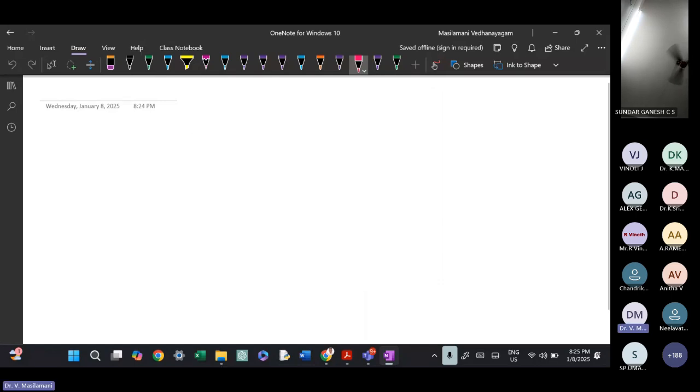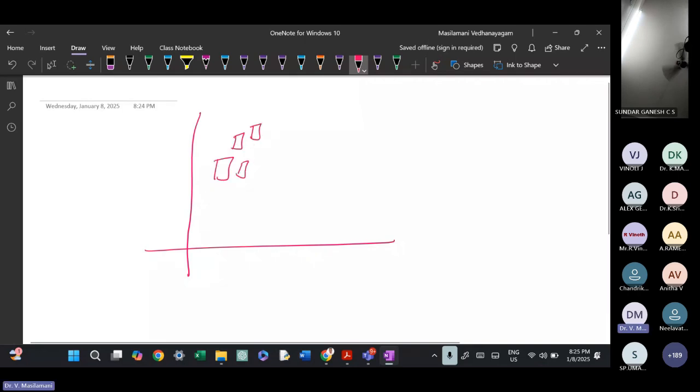Let's say we have data. Every box is representing one data. Another class of objects represented by this X. Something like this. So this is given for building the model.